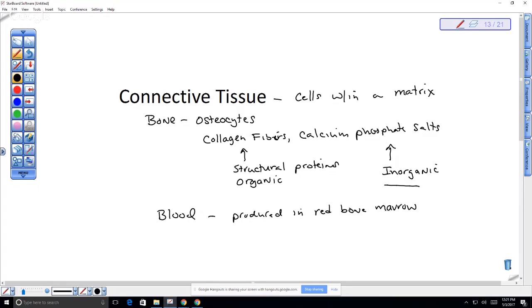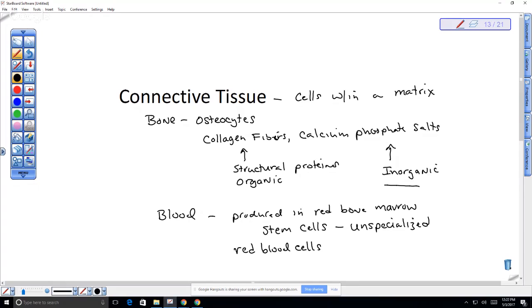And so sometimes when you get a bone marrow transplant, they take the bone marrow out of your hip joint to put it into somebody else's. And the red bone marrow has stem cells. And these stem cells are unspecialized. They can be useful because depending upon where you put them in the body, they could specialize into different things. But in the blood, they specialize into red blood cells.